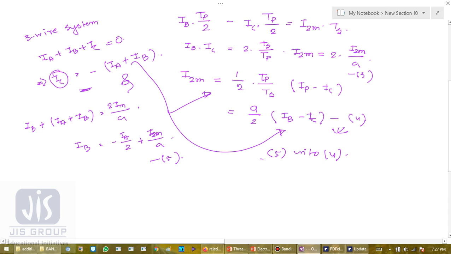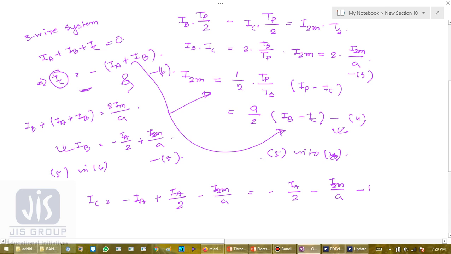We will get IC equals minus IA plus IA by 2 minus I2M by A. So that means IC equals minus IA by 2 minus I2M by A. This is equation number 7.